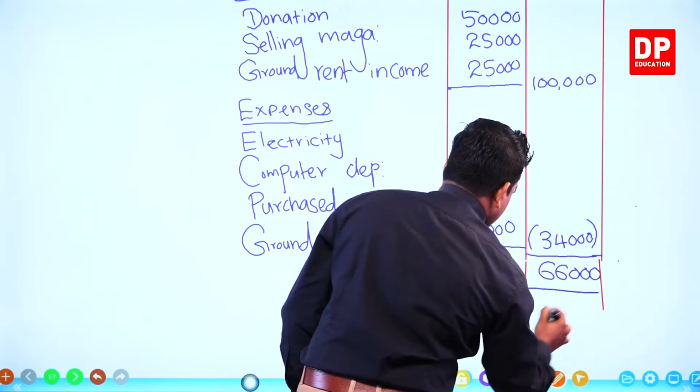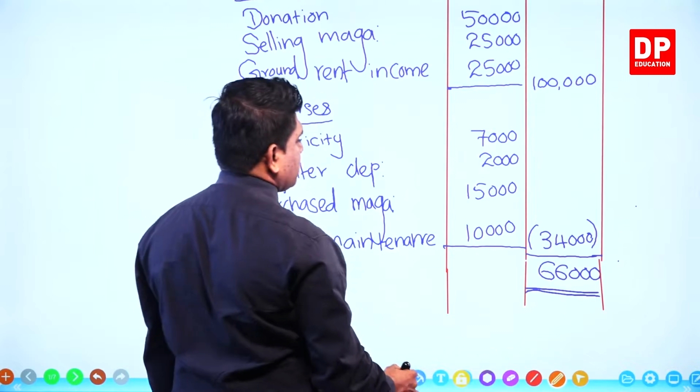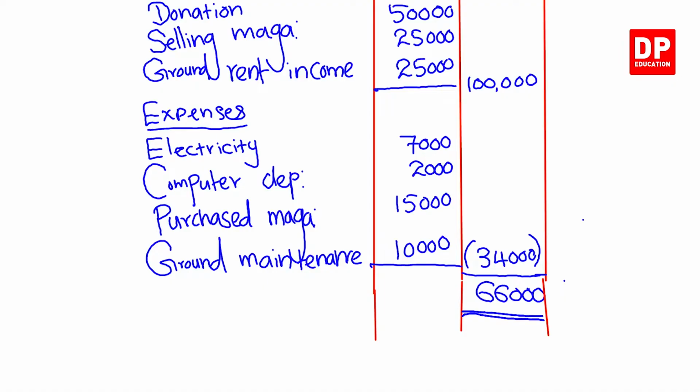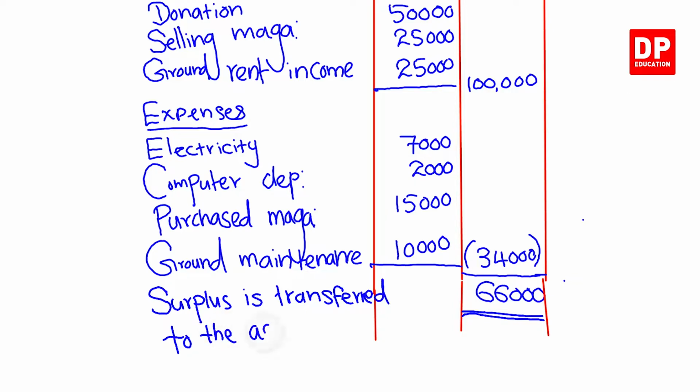In front of the 66,000, you write: surplus is transferred to the accumulated fund. Right? Then this is the answer.